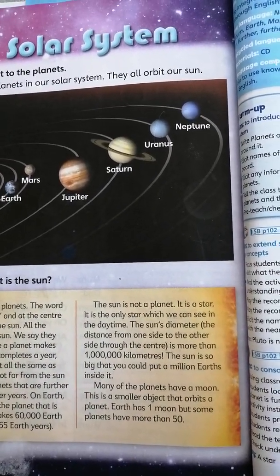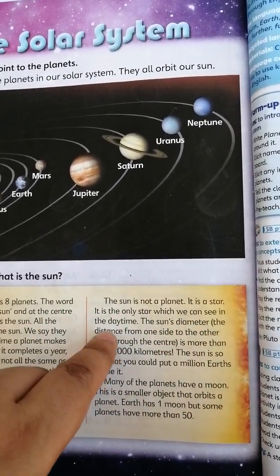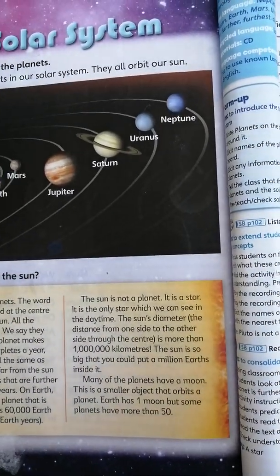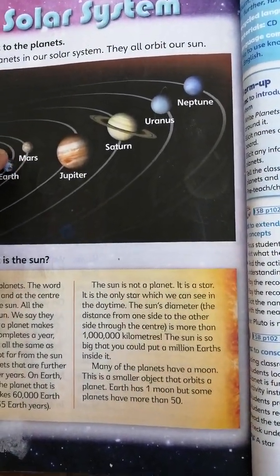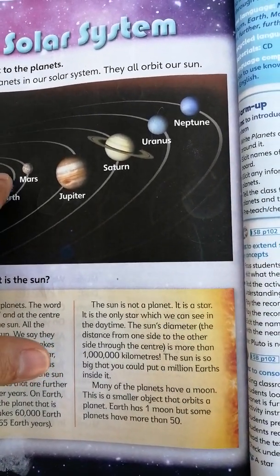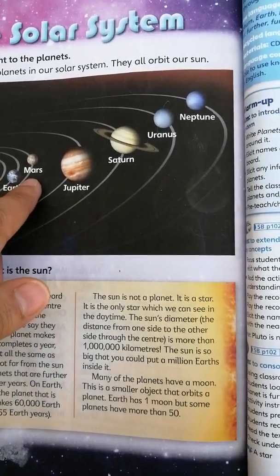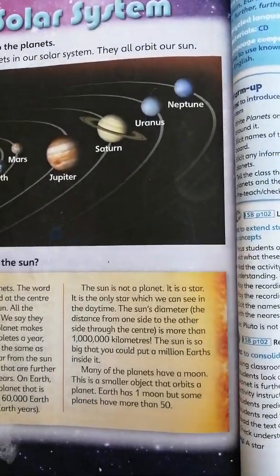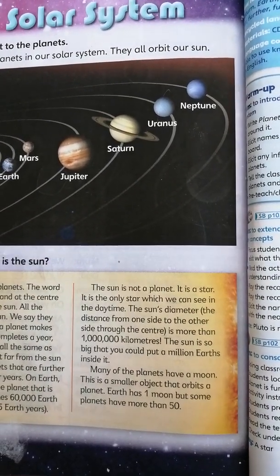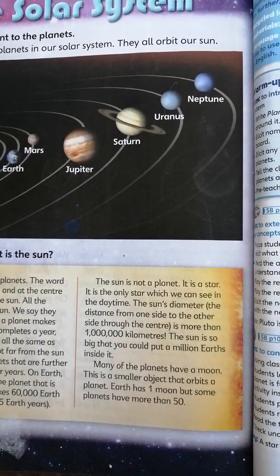The sun's diameter is the distance from one side to the other side. Diameter means when you have a circle like this and you draw a line from here to there or from up to down, this line is called diameter. The diameter of the sun is more than 1 million kilometers.